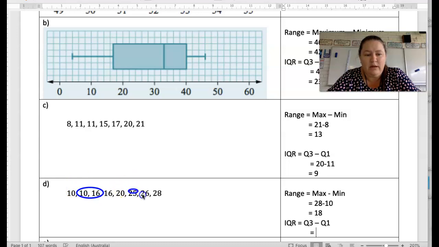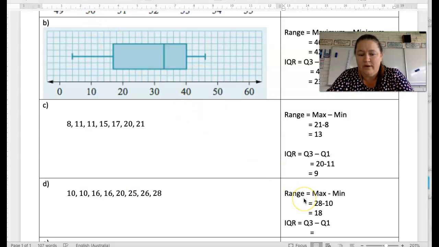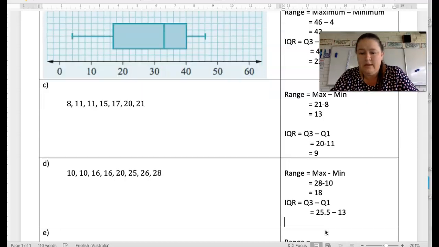And we need to find the middle of 25 and 26 for the upper quartile. In between 25 and 26 is going to be 25 and a half, so we can put that over here, 25.5. And in between 10 and 16, well, 26 divided by 2 is 13. Therefore the difference between those will be, oh gosh, subtract those, what is that? It's going to be 12.5. Just subtract those either in a calculator or in your head.